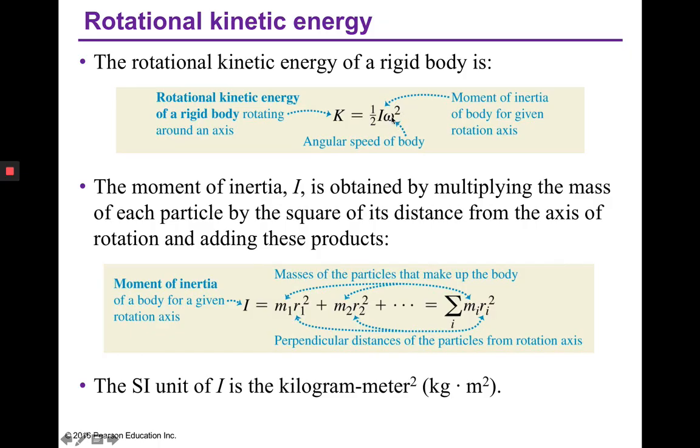Remember, omega is the angular version of v, so that fits right where a v would be. I here is called the moment of inertia. That's a measure of how hard it is to make something spin. That's the angular version of mass. All of our equations that have an m in them will have an I instead for angular versions.